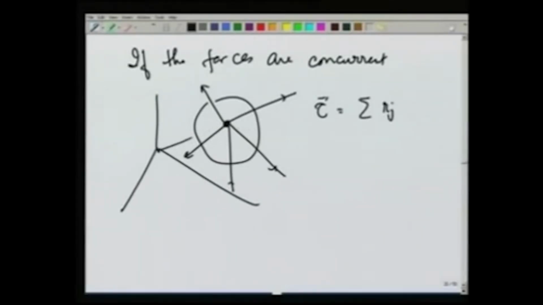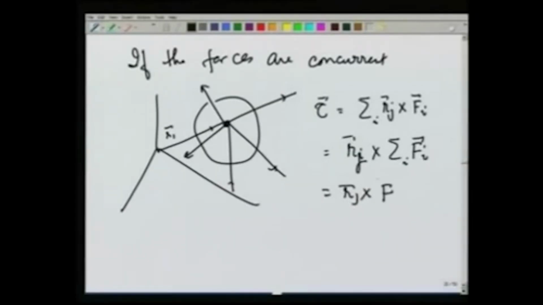Let us call this R_j cross F_i, which is equal to R_j taken out because it is the same for all forces, cross F_i, which is nothing but R_j cross F total.